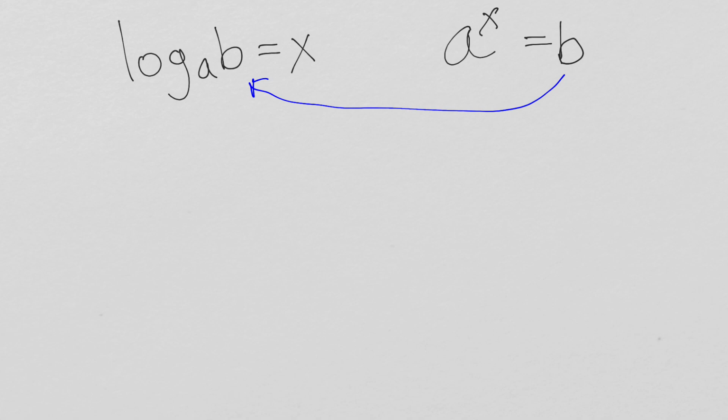So I'm going to substitute, and now I will have log base A of A to the X equals X. So now, using simple substitution, bing, bang, boom, here we are.